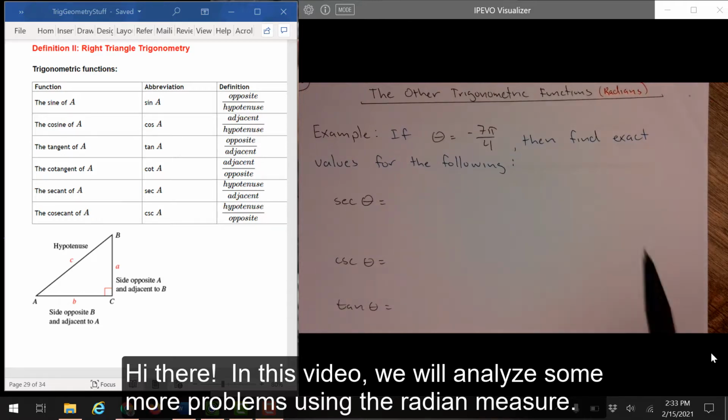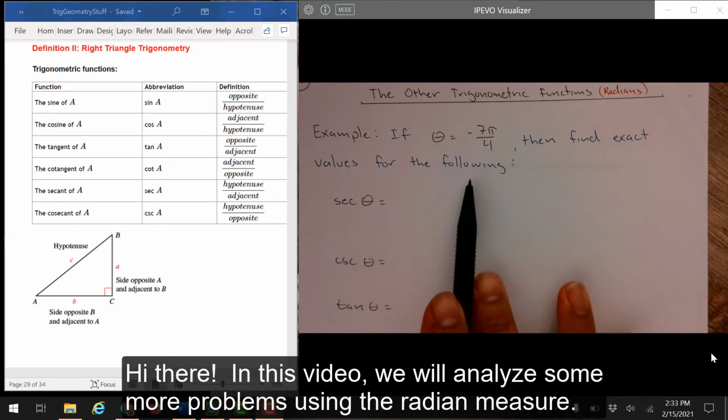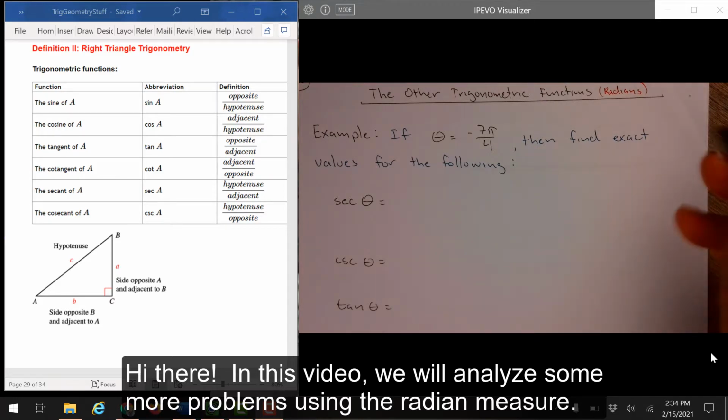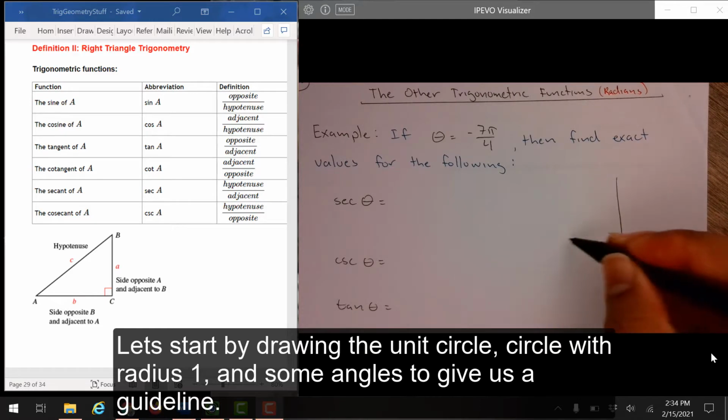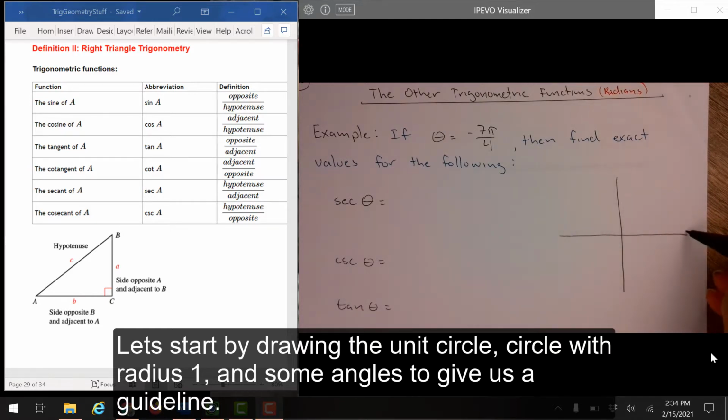Hi there. In this video, we will analyze some more problems using the radian measure. Let's start by drawing the unit circle. Circle with radius 1 and some angles to give us a guideline.